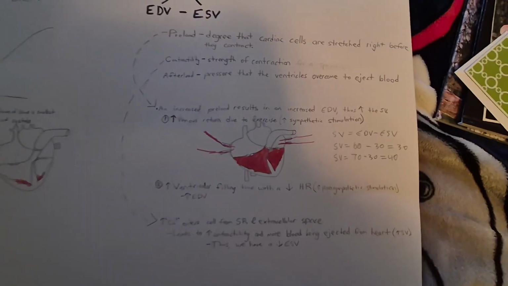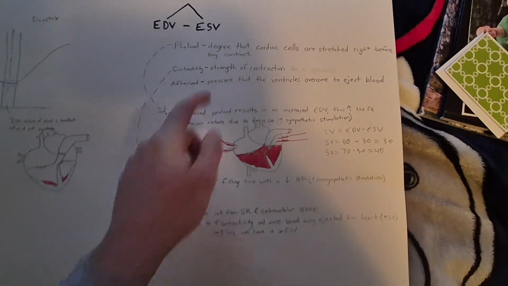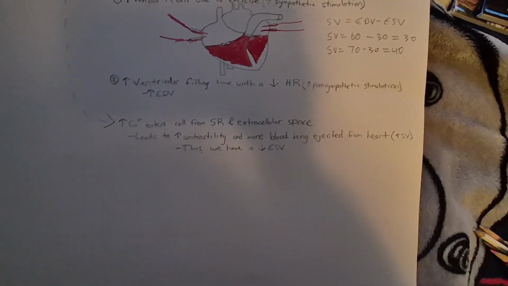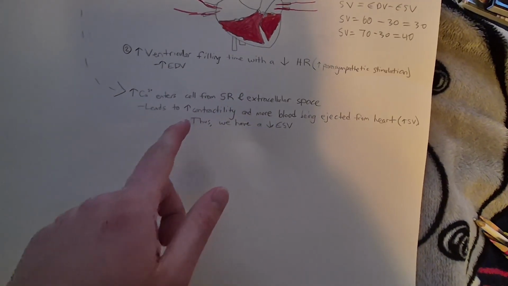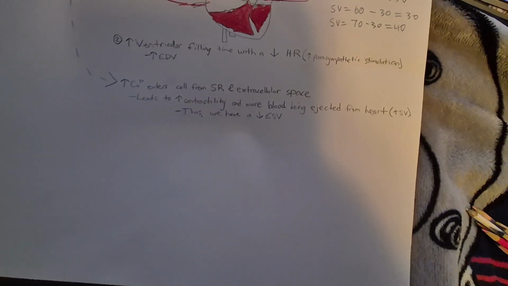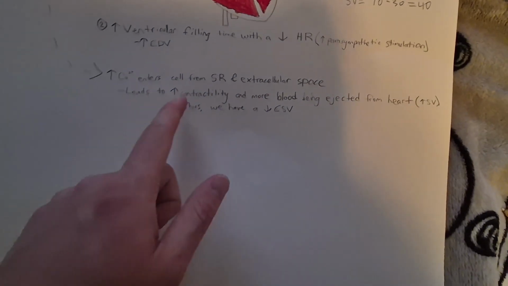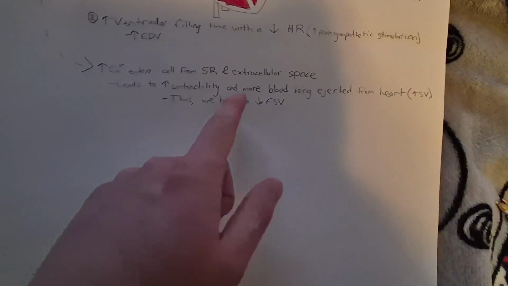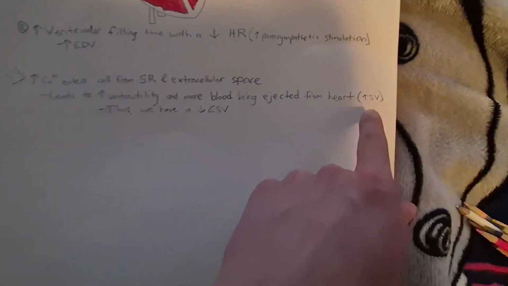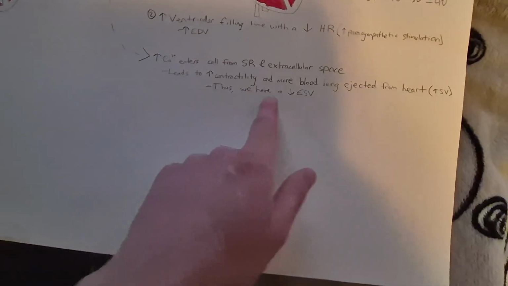So another factor influencing stroke volume is contractility. Okay. So when more calcium enters the cell due to exercise and due to sympathetic stimulation from the sarcoplasmic reticulum and the extracellular space, this is going to lead to increased contractility and more blood being ejected from the heart, which increases our stroke volume and then decreases the end systolic volume.